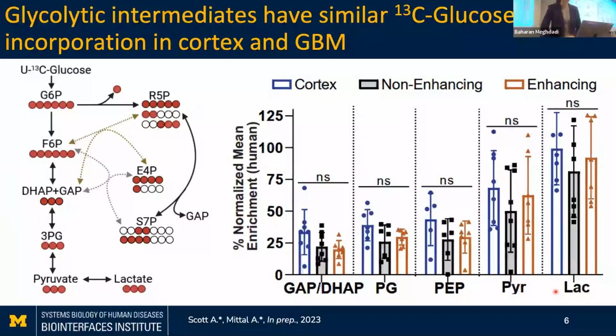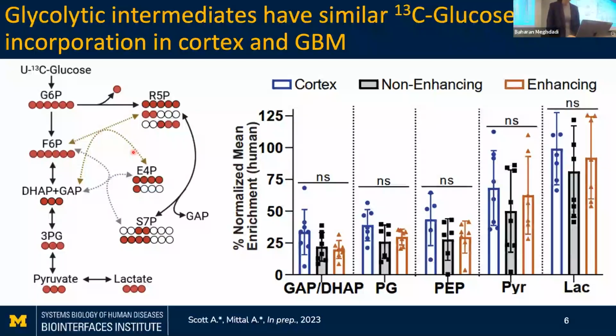Glucose is metabolized through glycolysis, this part, and the pentose phosphate pathway, and its carbons are utilized in many downstream metabolites, as you can see. Tracking 13C incorporation into downstream metabolites allows us to understand the more active pathway by comparing the metabolites in glioma and cortex tissues.